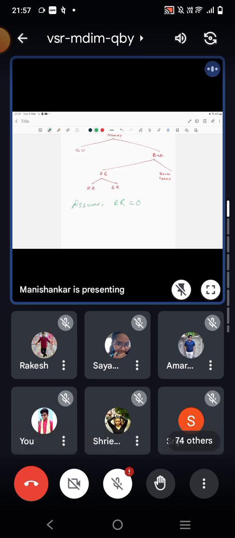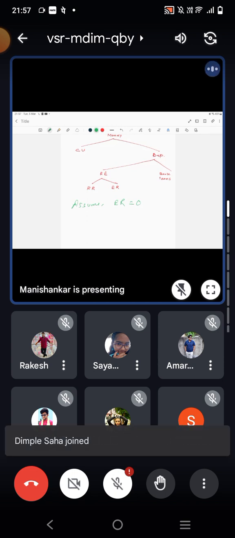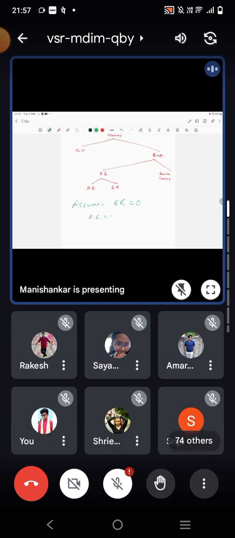So when our excess reserve value equals to 0, that means your reserve and required reserve both are the same. I am making a chart here. So when you consider reserve deposit ratio or required reserve deposit ratio, both are the same.